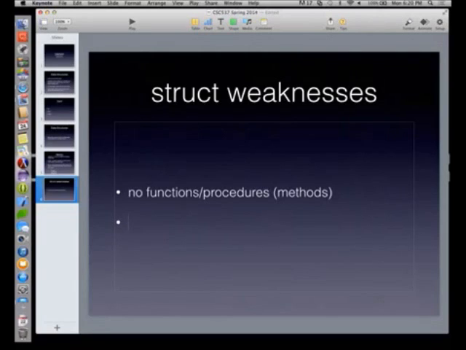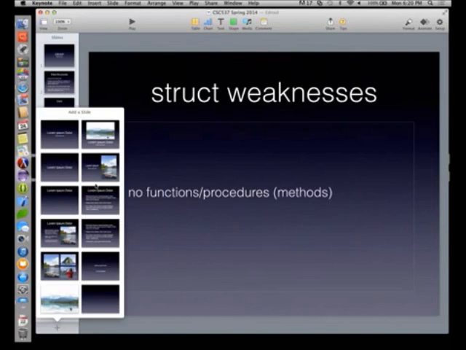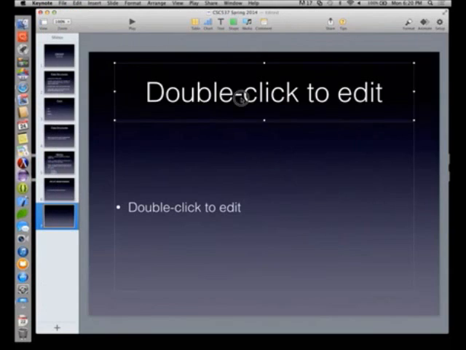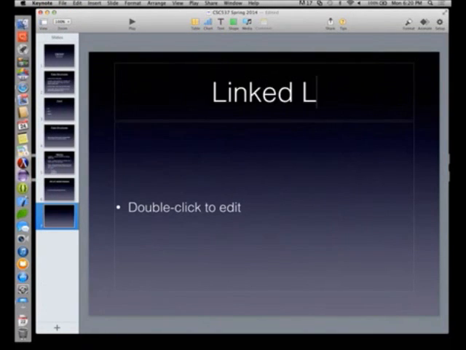Okay? Now, our data structures are going to benefit from that same sort of thing. Now, if we go back historically, let's talk about our first data structure here. Most of today, we're going to be talking about something called a linked list.